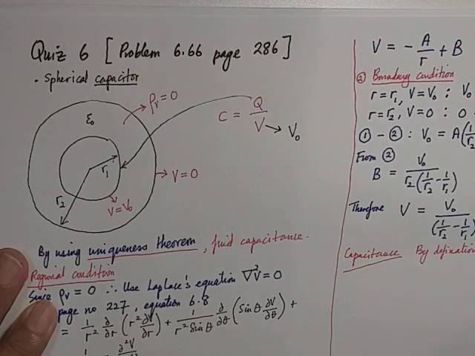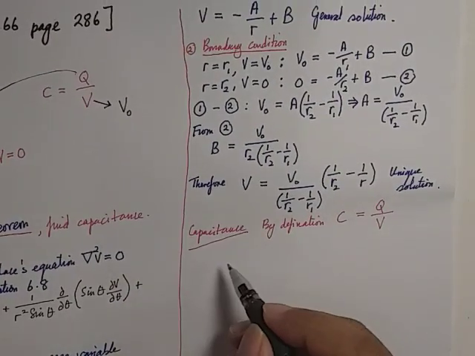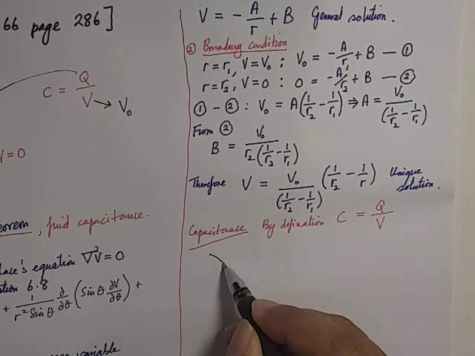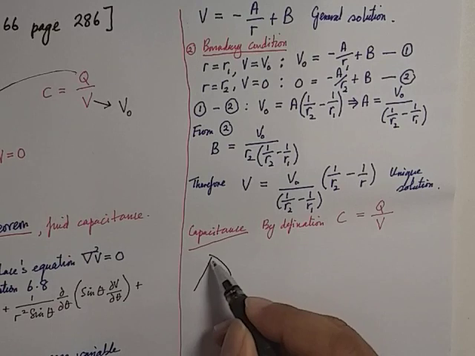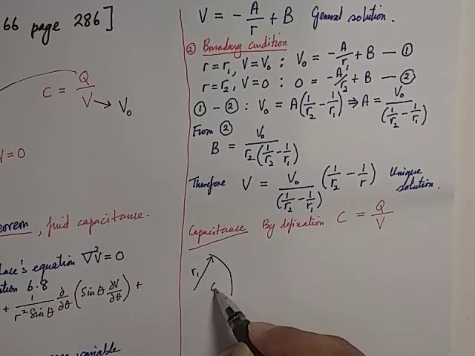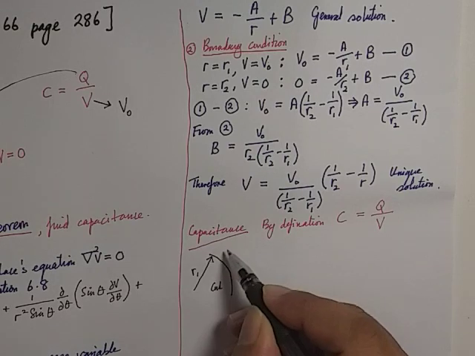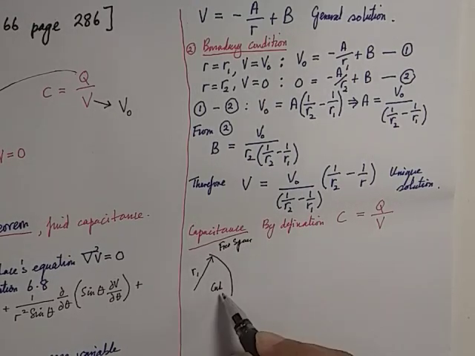So how do I define the Q now? I'm going to draw part of my diagram. This is my surface, which I define to have radius R1. This is assumed to be a conductor, and this is free space. So we have a boundary condition between conductor and free space, agreed?